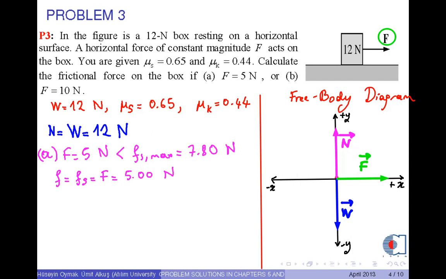Also, as discussed in the first problem, it is antiparallel to vector F. Namely, it is in the negative x-axis. Note also that the object does not start to move, since the external force with magnitude of 5 newtons is less than the maximum value of the static frictional force, that is, 5 is less than 7.8 newtons.